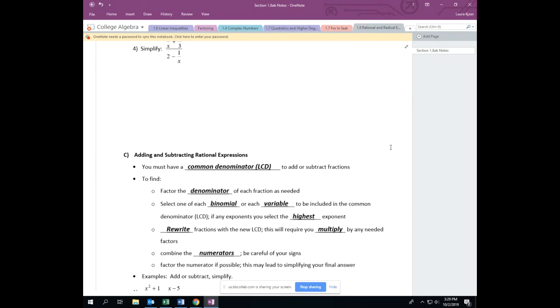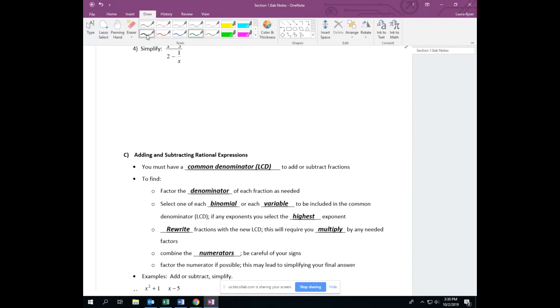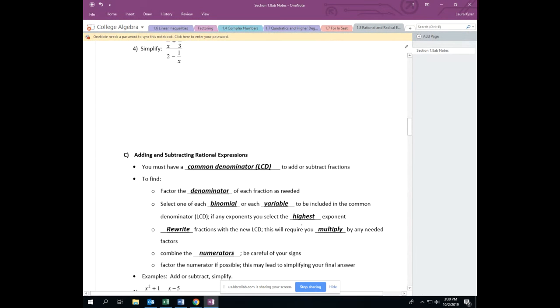And there are a couple little tricks that you can do to find what the LCD is going to be in your expressions. The biggest thing is to factor the denominators if it's possible so that you can see what they're actually made up of. Because if you don't know what they have, you can't tell what you have and what you need. So it's best to start with the factoring and see what you've got.